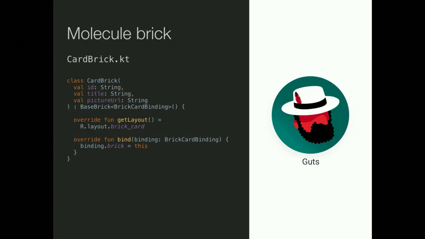And so in our brick, we just need a string for the title, a URL for the picture, and also an ID that will be used for the Lego adapter to identify specifically this brick. Okay, we just need a reference to the layout, and this will be using data binding to bind the data to our actual view.